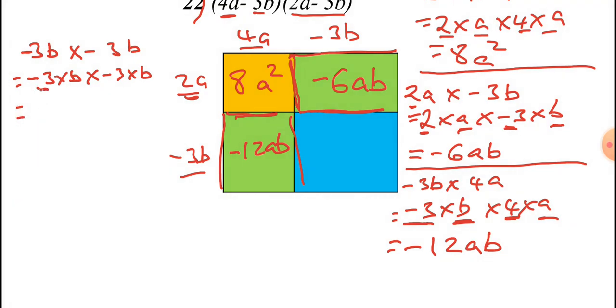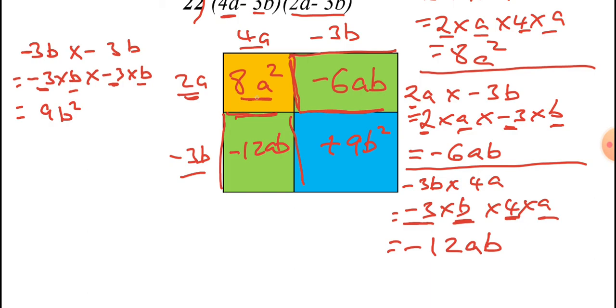And we can see here minus 3 times minus 3 is positive 9, and b times b is b squared. So we've got positive 9b squared, so I'm going to write plus 9b squared.